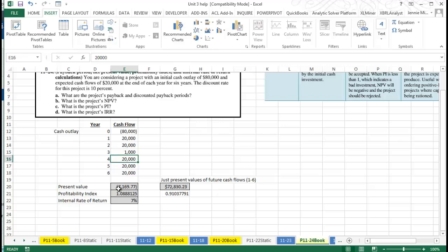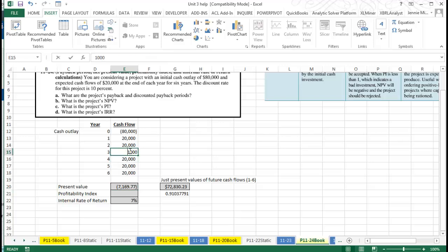Now, you can't look at this number right now because I had typed it in, but you can see that in this one we have a negative present value, and so our profitability index that I've calculated here does show below 1, and that makes sense because our present value is a negative number.